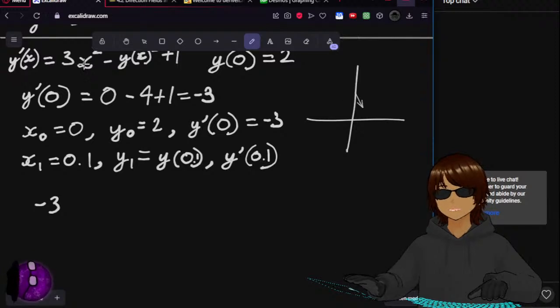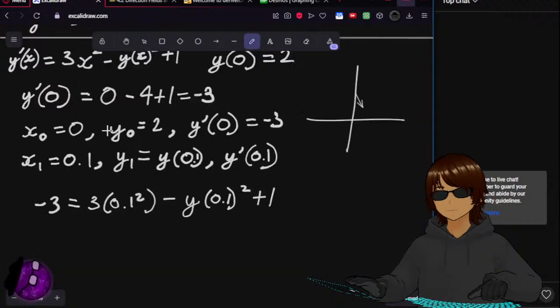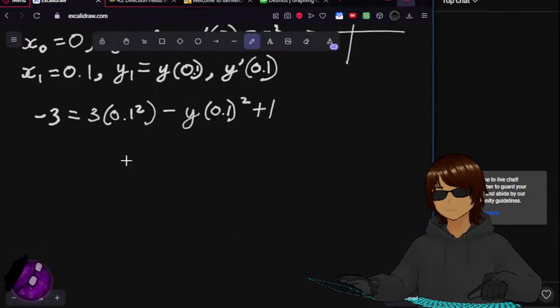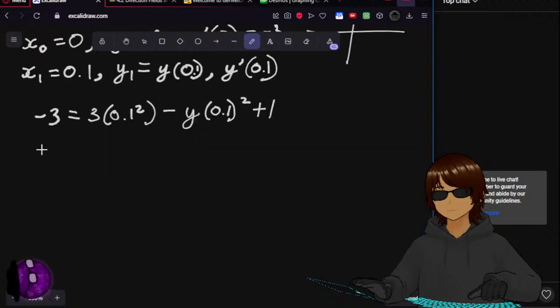So -3 is equal to 3 times 0.1 squared minus plus 1, minus 2, minus 3.